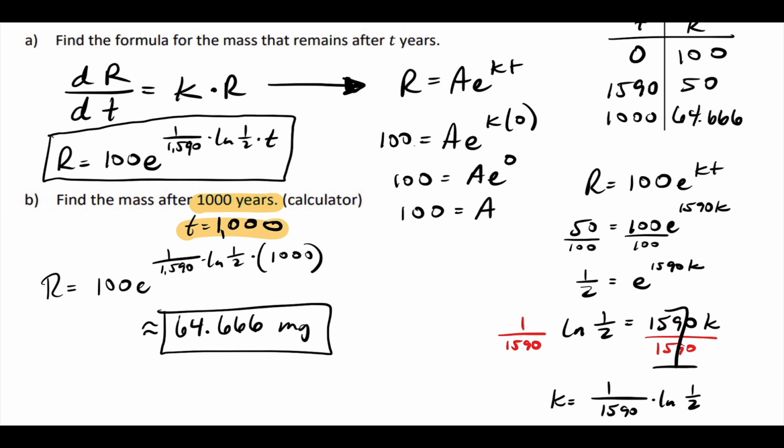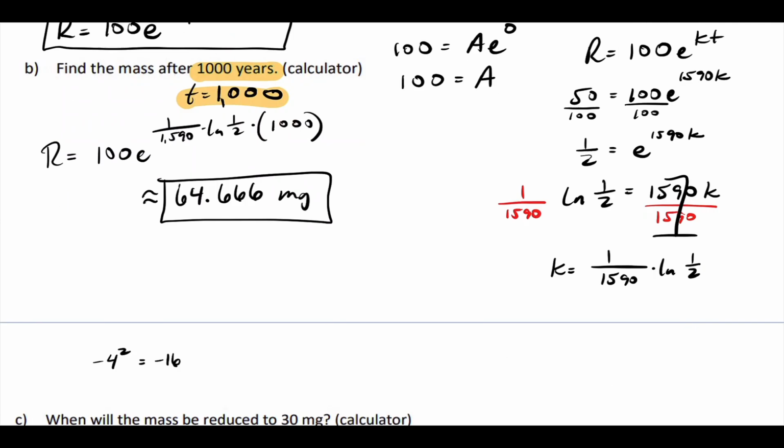Does that make logical sense with what they gave us at the beginning? Does it fit the table? Yeah, I would say it fits the table, right? 1,000 is closer to 1,590, so 64 is closer to 50, and it's in between them. Yeah, that makes sense. Okay, so our answer makes sense.